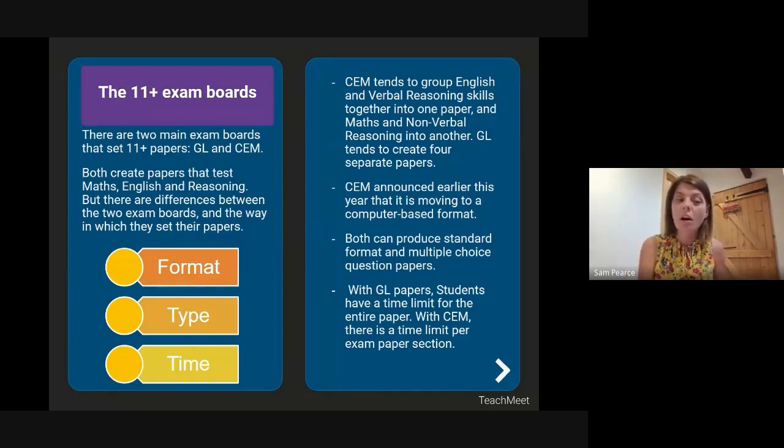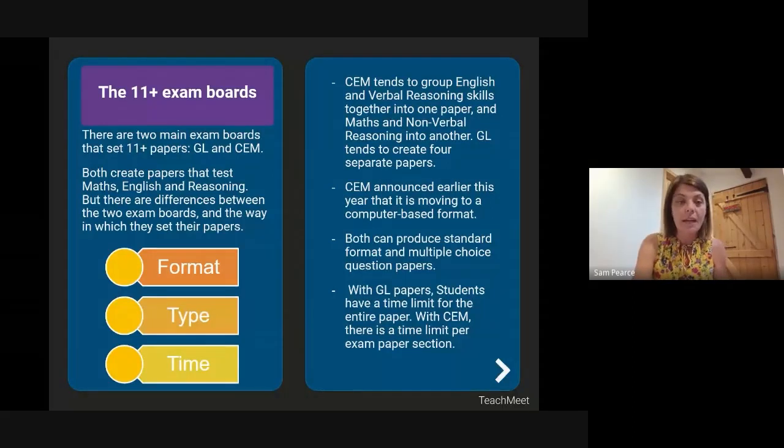So those are the highlighted key areas of difference between the 2 exam boards. But what I would say at this point is that there are a lot of differences between the 2 exam boards, more than we can probably cover here. And so after a couple of slides, I will show you where we can find a bit more information around the difference between those 2 exam boards on our website, just to give greater detail, really.